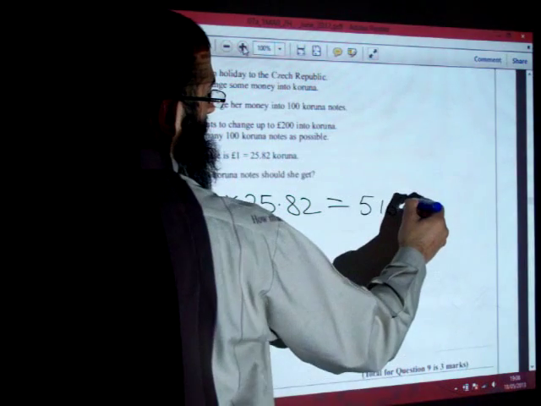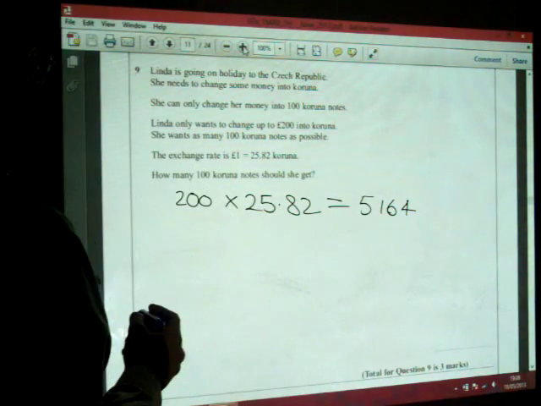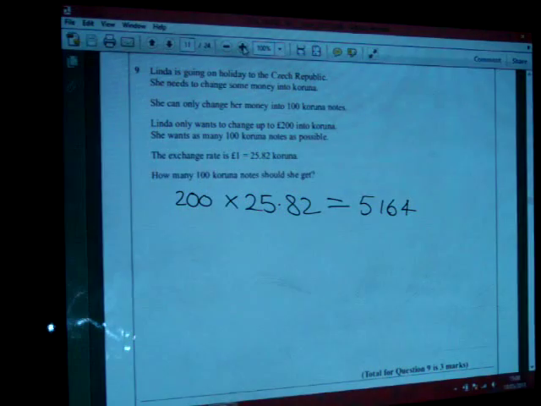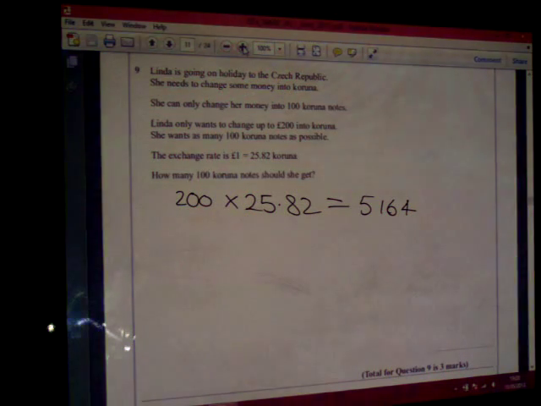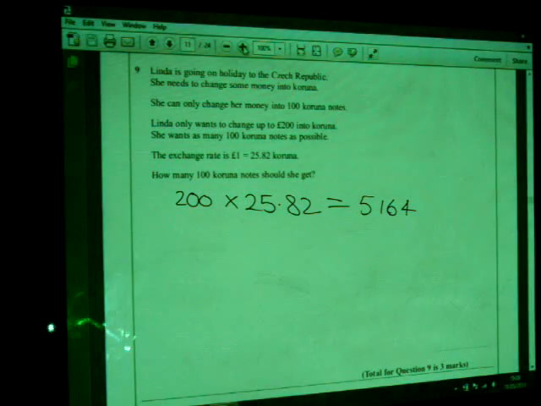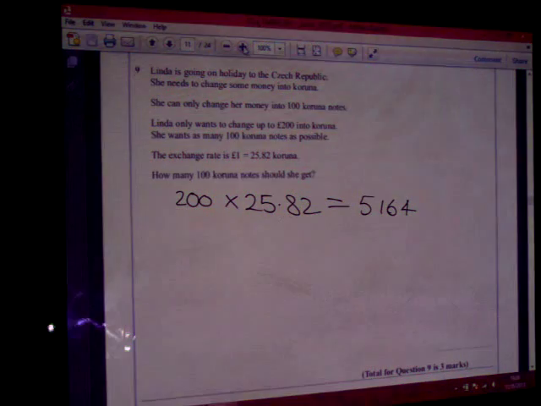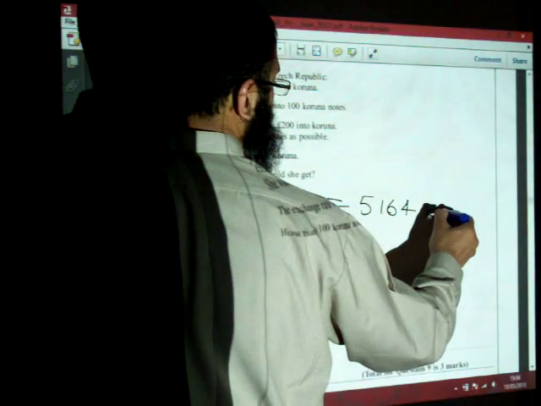So 200 times 25.82 will give you an answer of 5164. Question number 9. Okay, that's good. Now, that's how many krona we have.